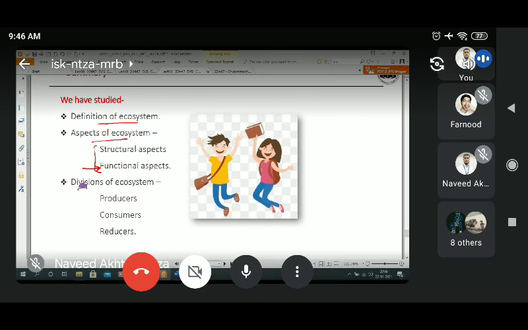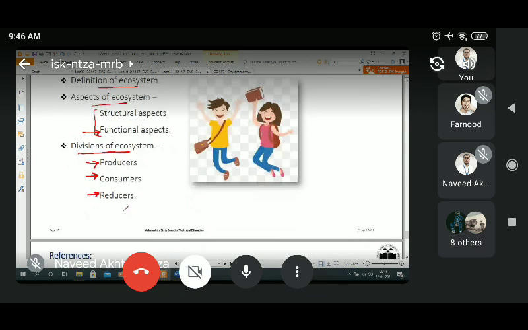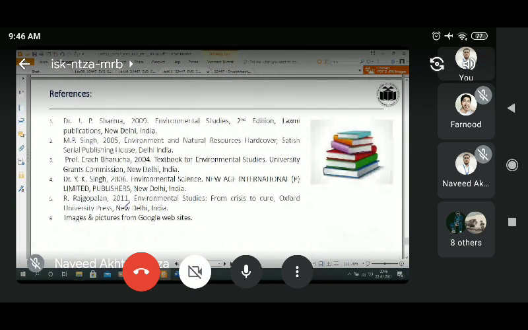Also the division of ecosystem: producers, generally plants; consumers, the animals, birds and human beings, etc.; and reducers, the microorganisms that decompose the food and other things. So these are some references for preparing this section of your environmental engineering.